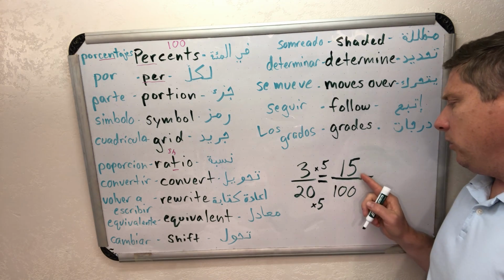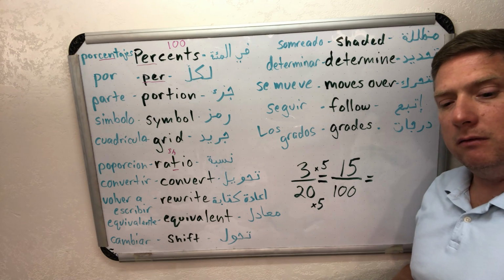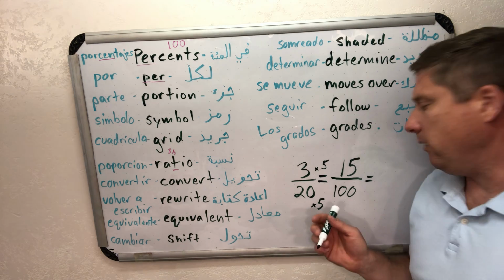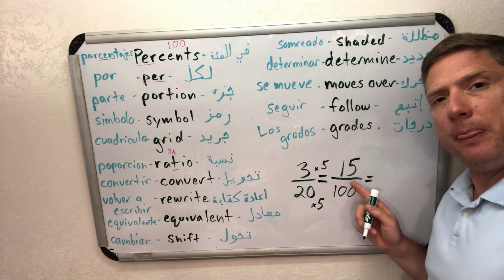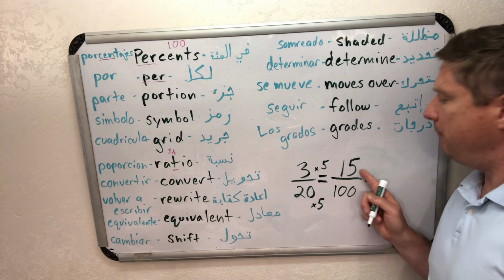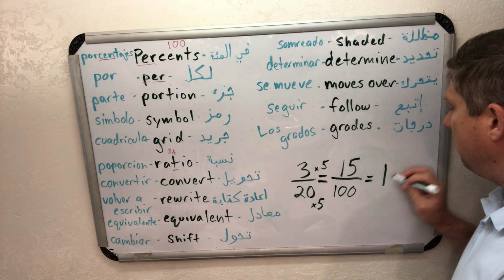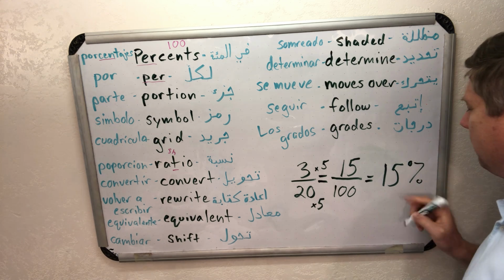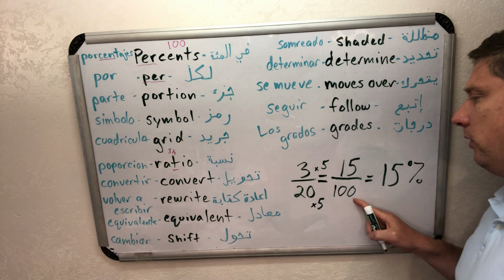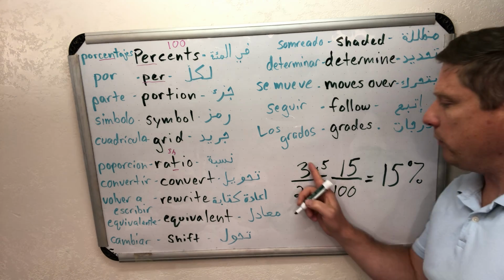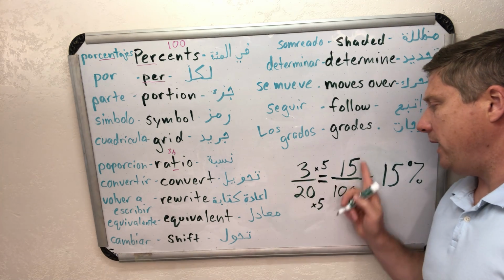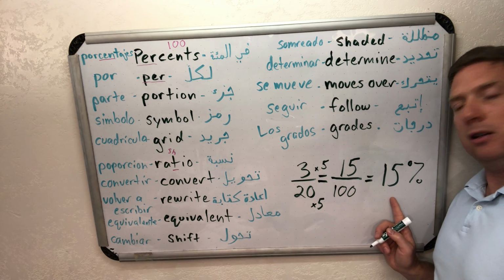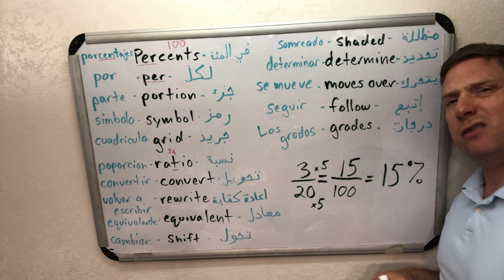And now you know how to convert this to a decimal, right? Or to a percent. We can just say, well, 15 in 100, that's 15 بالمية, which is 15, and then we have the percent symbol. 15% equals 15 over 100. So we rewrote 3 over 20 as an equivalent fraction, and then we changed 15 over 100 to the percentage, 15%.